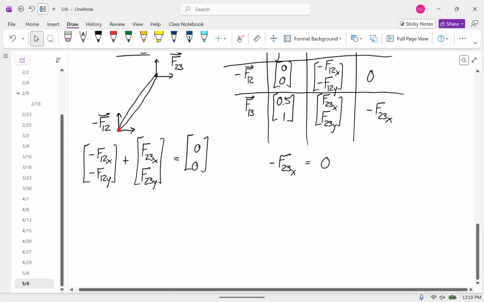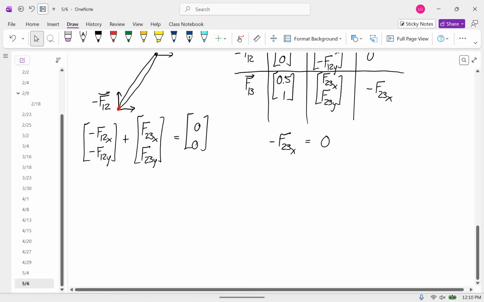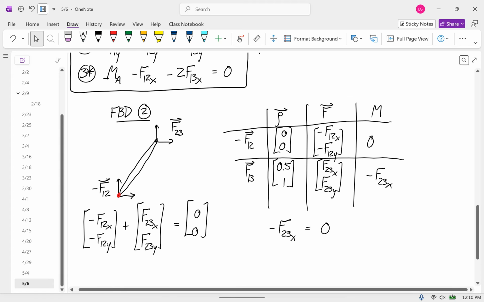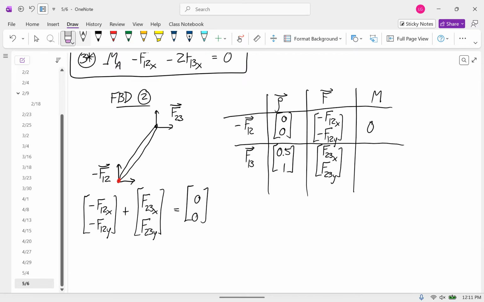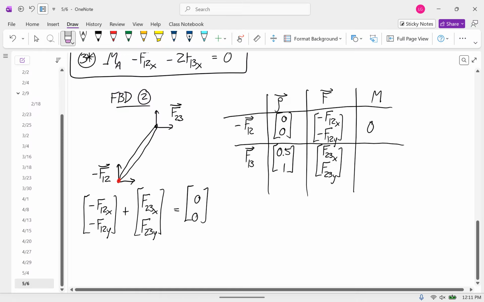Okay. That should be minus 2.5. Yes. Thank you. Yes, I totally did that cross product wrong, and that answer doesn't make sense either. So I'm like, what's going on?